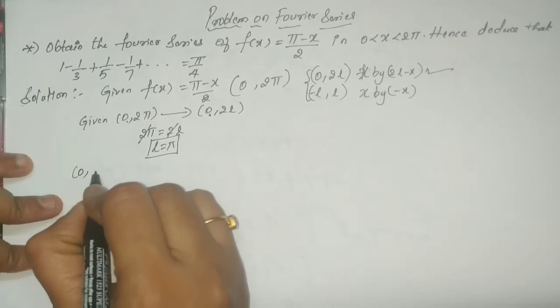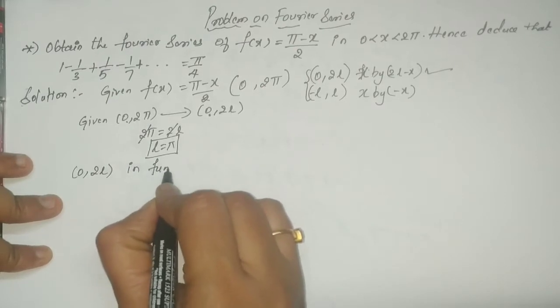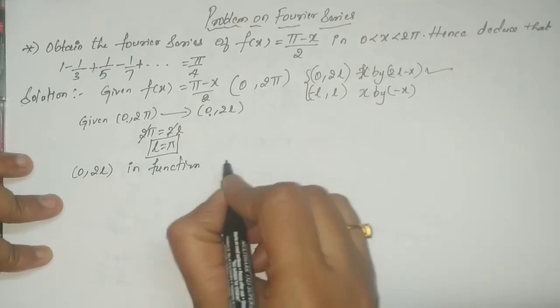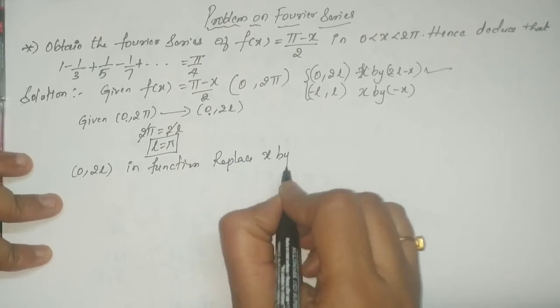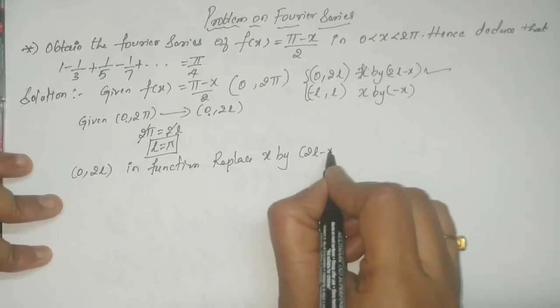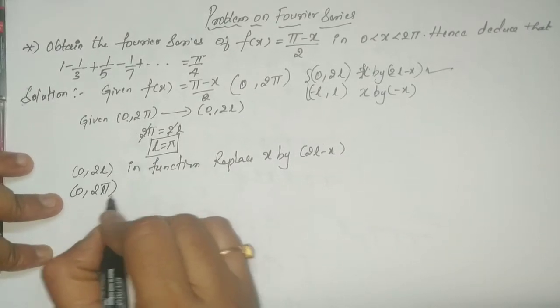If suppose I have the interval 0 to 2L, then in the function replace x by 2L minus x. But our interval is 0, 2 pi.